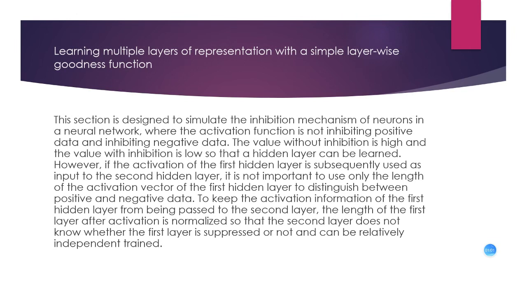To keep the activation information of the first hidden layer from being passed to the second layer, the length of the first layer's activation is normalized, so that the second layer does not know whether the first layer is suppressed or not, and can be trained relatively independently.